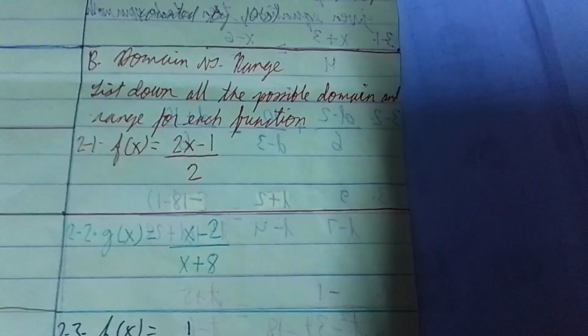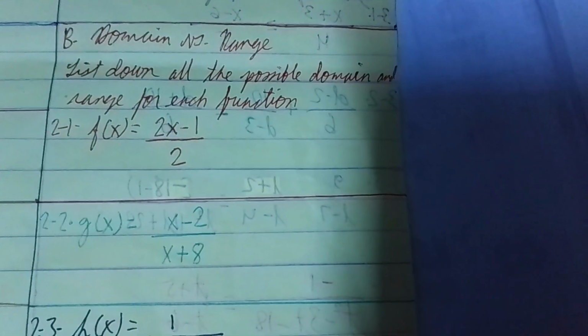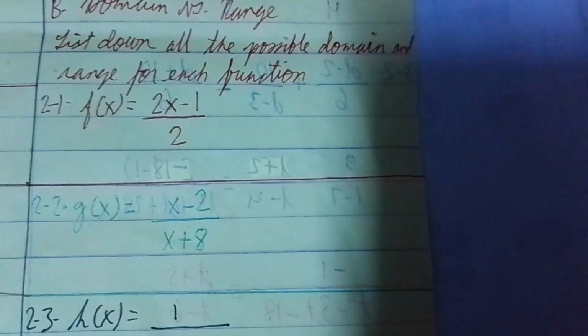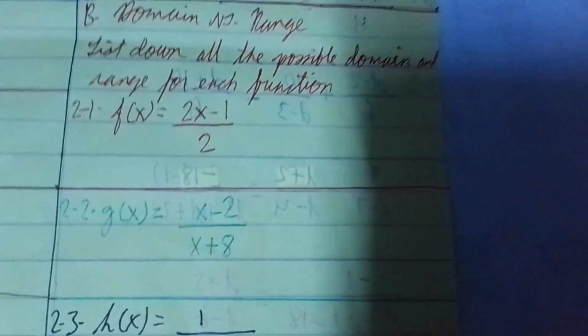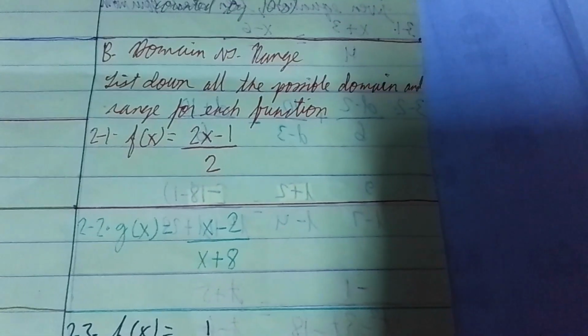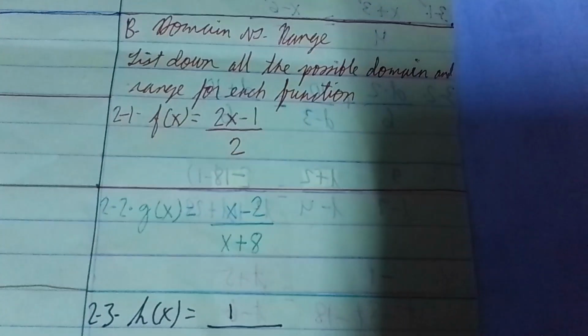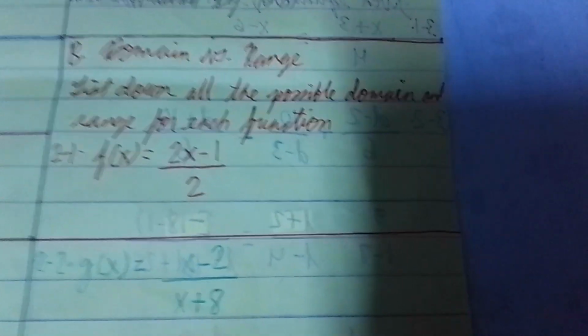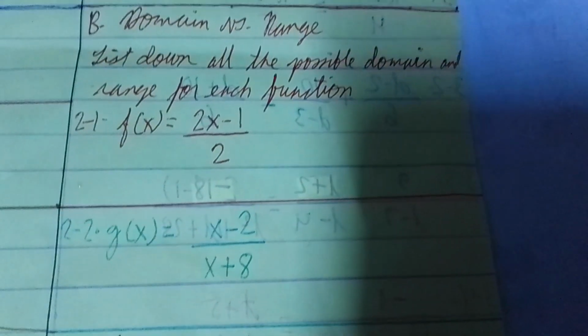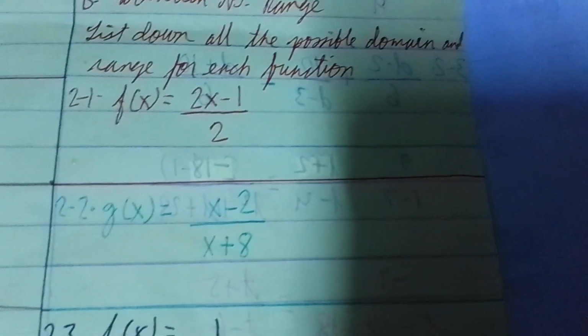Next, number 2. X minus 2 divided by x plus 8. Alin yung restriction dito? Ang restriction dito ay negative 8. Bakit negative 8? You know why? Look at the denominator. Ang sabi dito sa rules, ang denominator ay hindi pwede maging equivalent sa 0. Kung naging 0 yan, automatic, undefined na yung function.